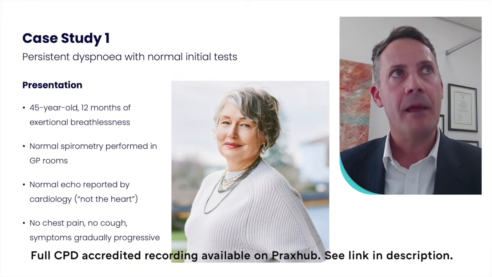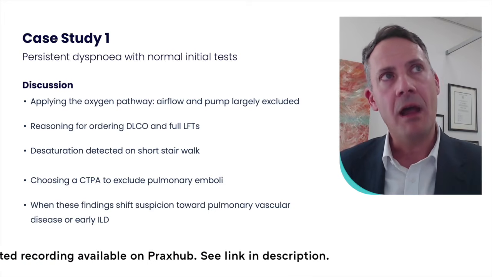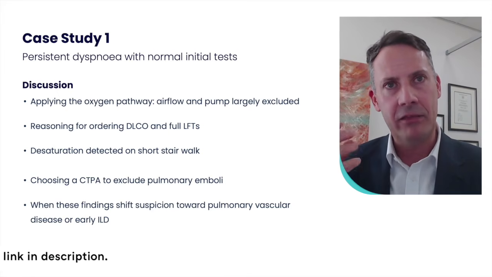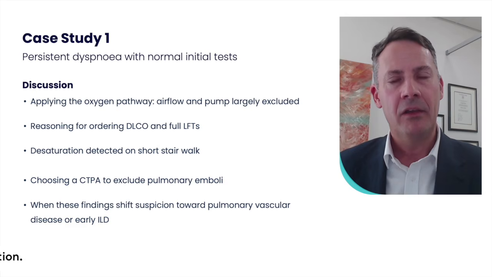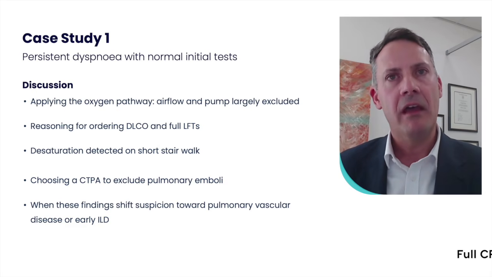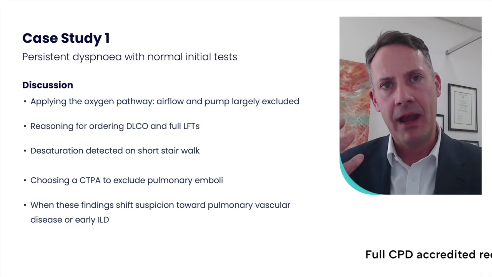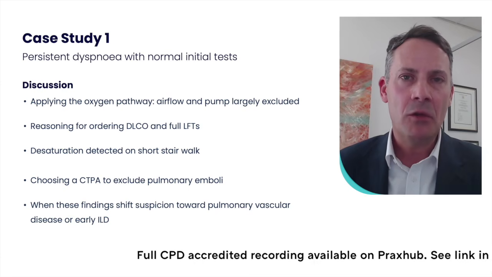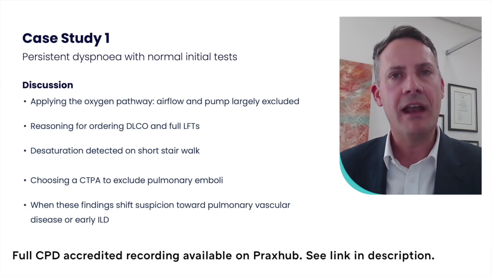And so I thought I might go through how I might think through this kind of case. So for this lady, assuming the spirometry is normal, her airflow and the way the air is moving in and out, if she's got normal spirometry, we can kind of exclude that.